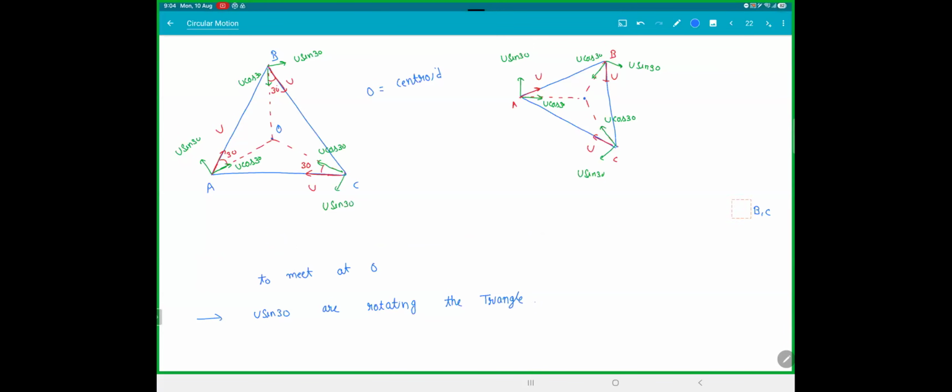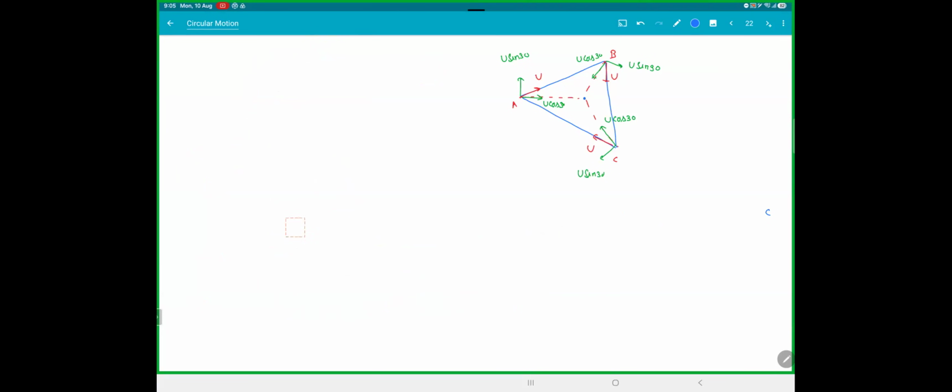That means at any time, if you try to find the distance, if you look at the distance OA at time t, so OA final was OA initial, and this u cos 30 is decreasing it, so that is minus u cos 30 into time. The distance between O and A is not constant, it is decreasing continuously.